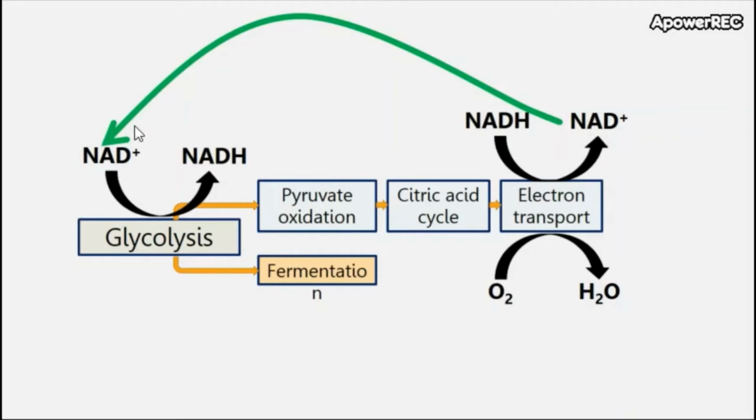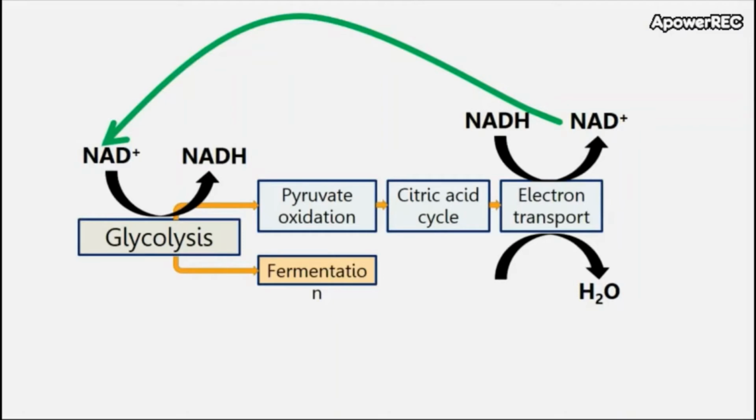And that NAD plus can therefore be used again in glycolysis. So theoretically, and this does play out in real life, you could exist on more meager forms of ATP production. Remember, we saw that 34 ATP were produced per glucose there. We could exist through a process called fermentation, but we have to have a way of regenerating our NAD+.